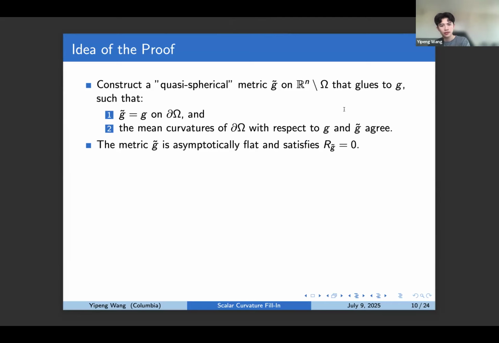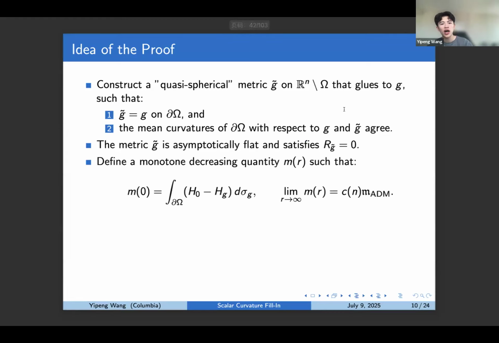Moreover, Shi and Tam consider the following quantity. They cook up a quantity that is monotone decreasing, such that when evaluated at 0, it is given by the quantity you want to control, namely the difference of the mean curvatures integrated over the boundary.